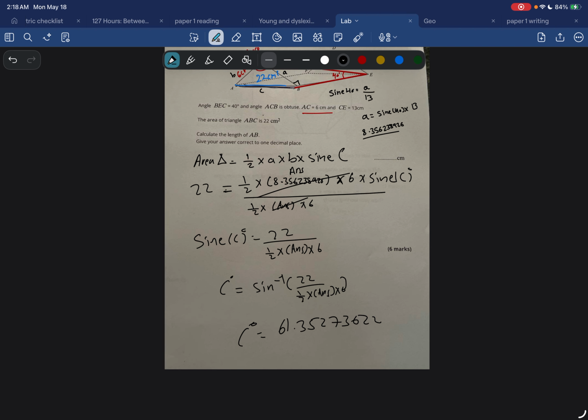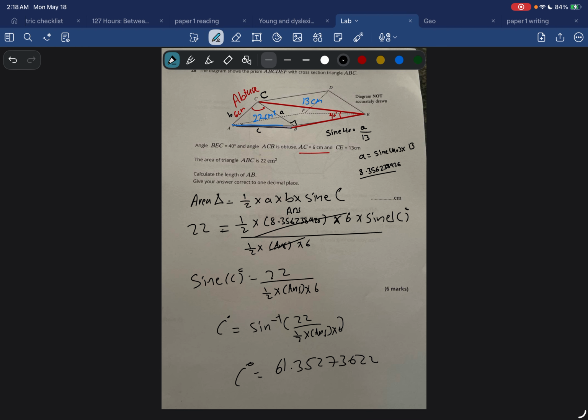The problem is that my angle here should be an obtuse angle. Therefore, this angle won't work. So the only thing I can think of is to subtract from 180. So we're going to do 180 minus ANS, which is going to be 118.6472638. I'm not quite done actually.